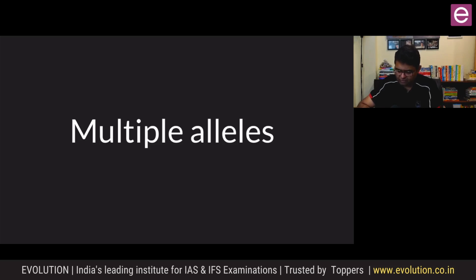So we are going to do multiple allelism, and there are just 5-6 slides so we can do it. And when we do human blood groups in the next class, that's Monday, we will again be seeing multiple allelism in action. So multiple allelism is nothing but an extension of Mendelism.